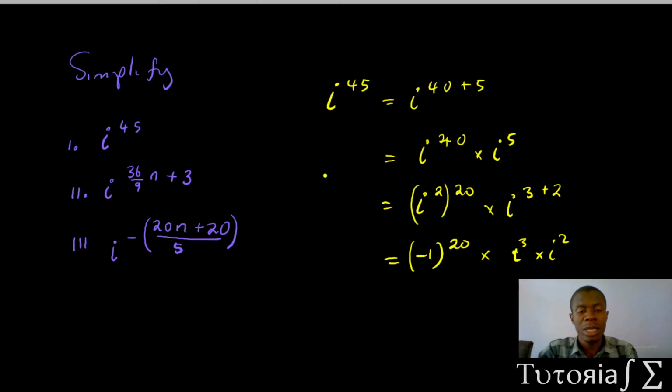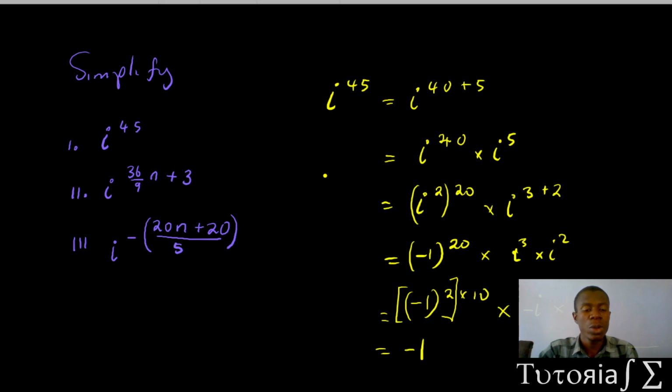So we have (-1) to the power 20, which is (-1) to the power 2 times 10. We start with the 2: (-1) to the power 2 is +1, so this is +1. And i to the power 3 is -i. You should know these things at hand.